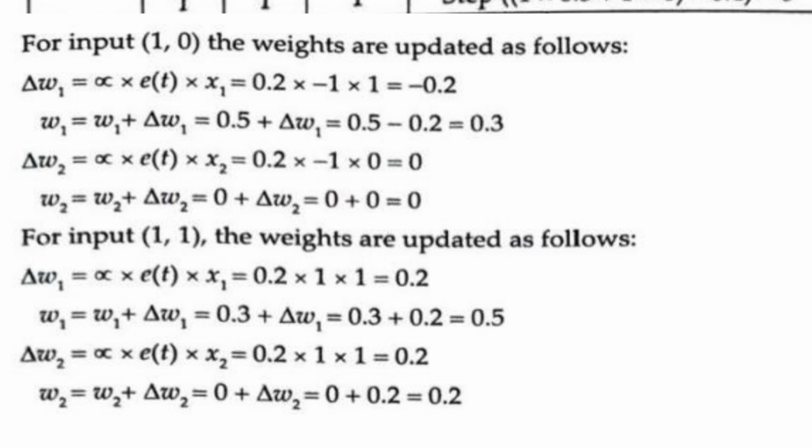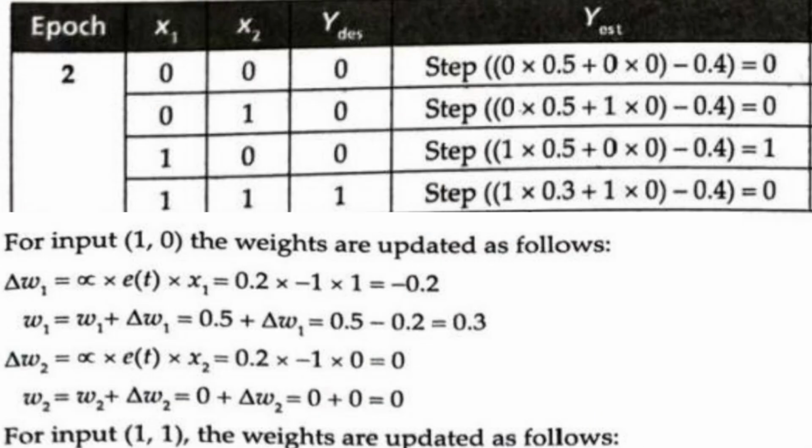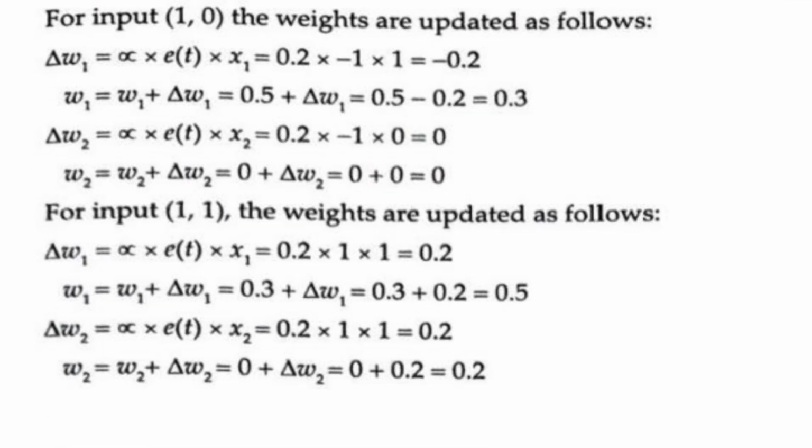Weights are updated. Delta W1 compute alpha into E of t into x1, alpha 0.2, E of t, there is error, into x value is 1, altogether 0.2. Add this to 0.3, that is 0.5. Similarly compute delta W2 equal to alpha into E of t into x2, that is 0.2 into 1 into 1, 0.2.